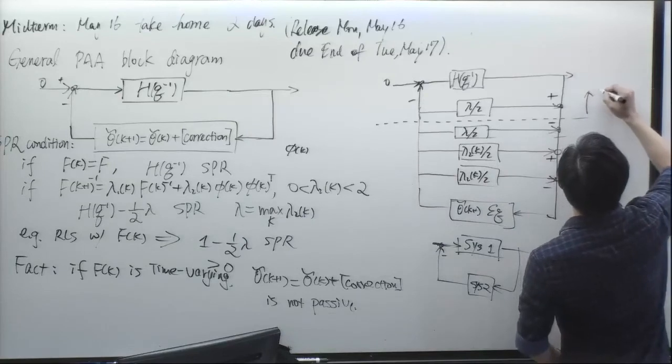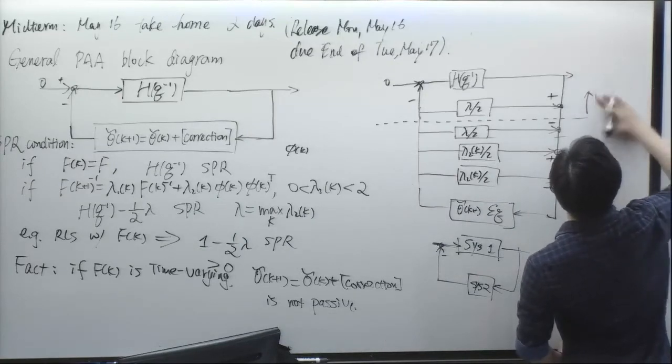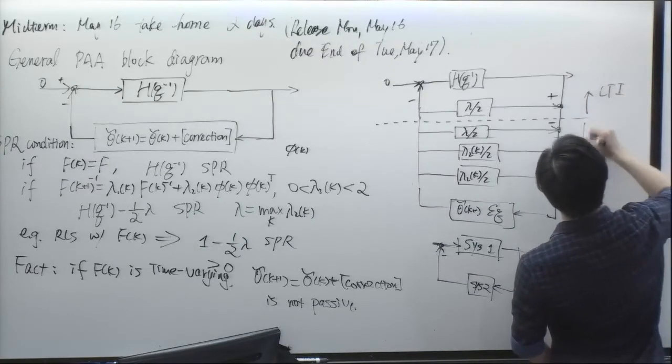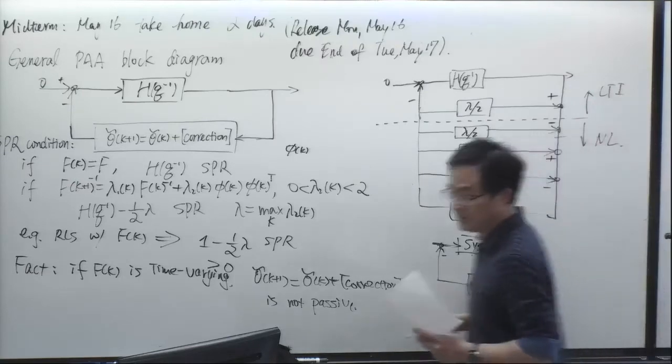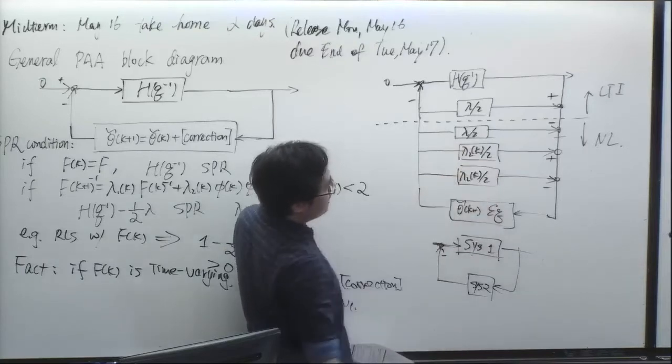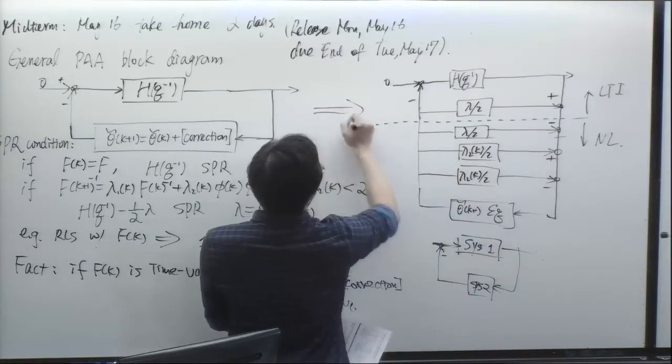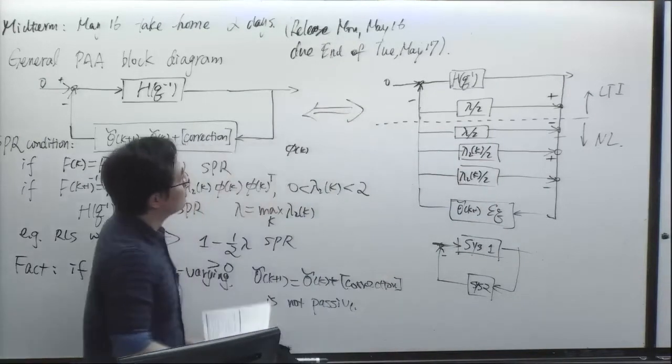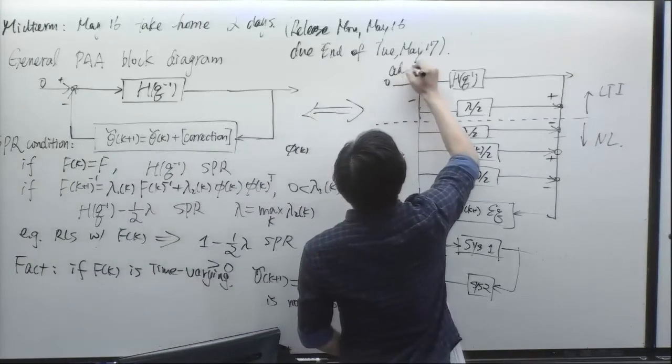The top part is linear LTI. The bottom part is the nonlinear part. So let's see how this will make the bottom part to be passive. This is add and subtract.